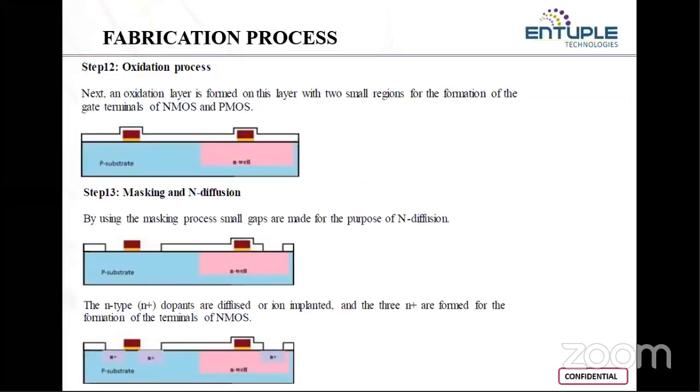So by using these masks, we are trying to induce another type of material. Just on either side of the gate you have the drain and source, which are of the alternative material compared to the p substrate. In case of NMOS, it will be an N-type material, and in case of PMOS, a P-type material.